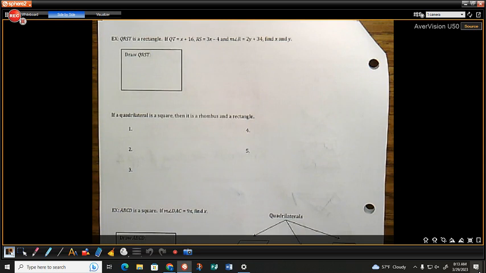A rectangle has perpendicular sides and congruent diagonals. Did you notice that they were opposite from each other? This was your rhombus. Since all of its sides were congruent, you had perpendicular diagonals. With your rectangle, when you have perpendicular sides, you have congruent diagonals. They're exactly opposite each other.